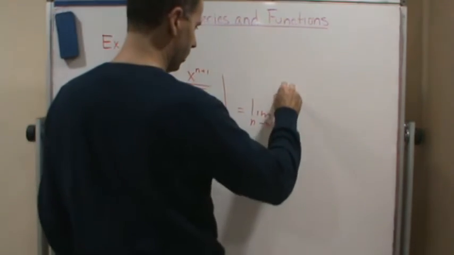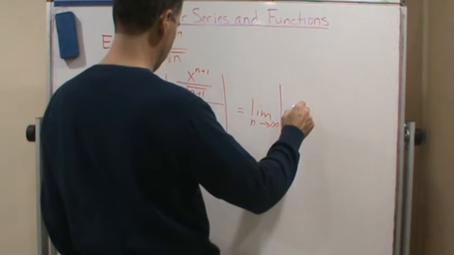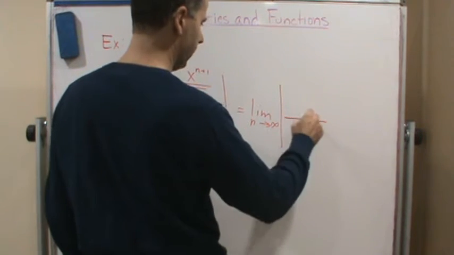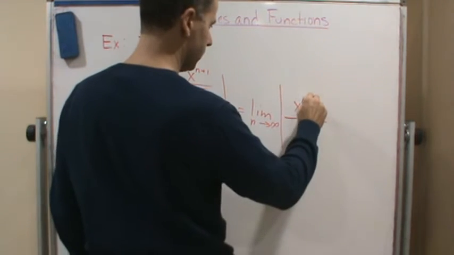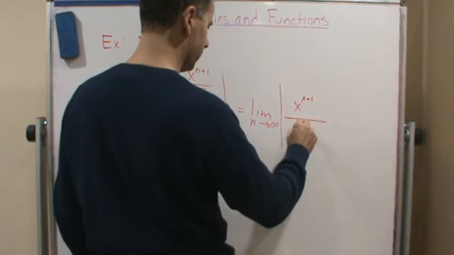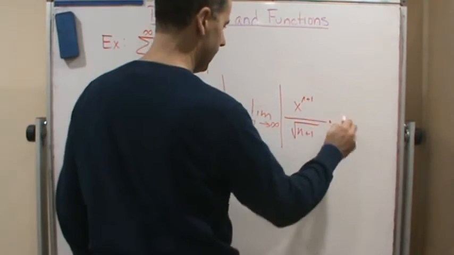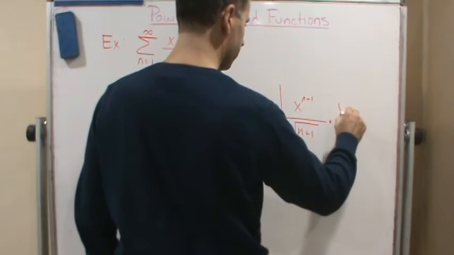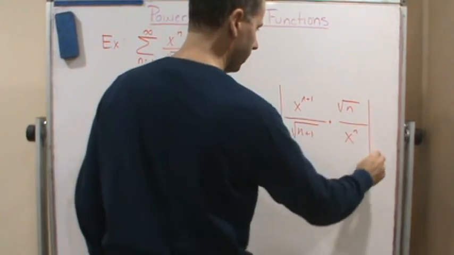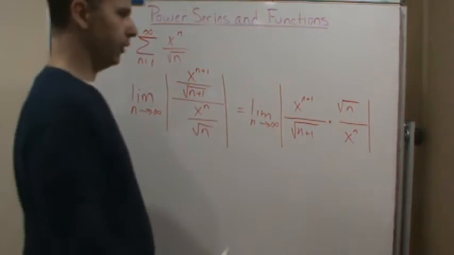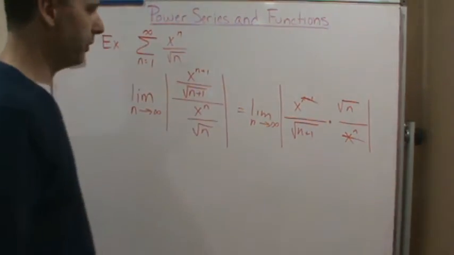And so now this is going to become the absolute value of x to the n plus 1 over the square root of n plus 1 times the square root of n over x to the n. Now, again, notice that this is going to cancel with this, so we get an x on top.